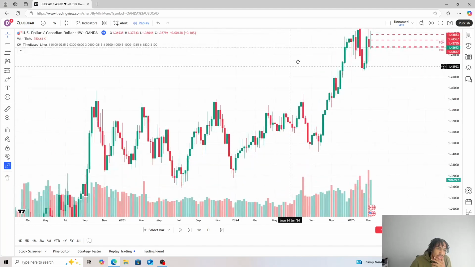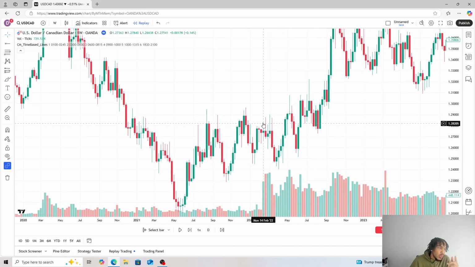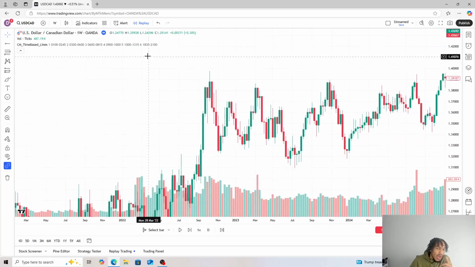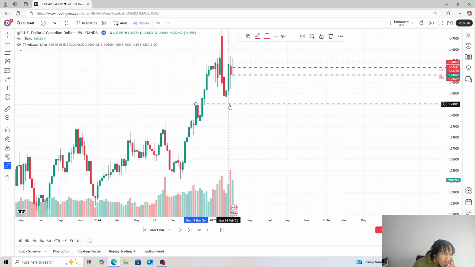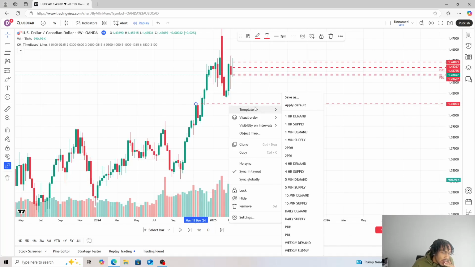We see that we in an uptrend. Just because we in an uptrend on the higher time frames, that don't automatically mean that we looking for buys. Let y'all know that right now. I had a problem understanding that when I first started trading. Just because you in the uptrend on the higher time frames, that don't mean you looking for buys. Just because you in the downtrend on the higher time frames, that don't mean you looking for sells.